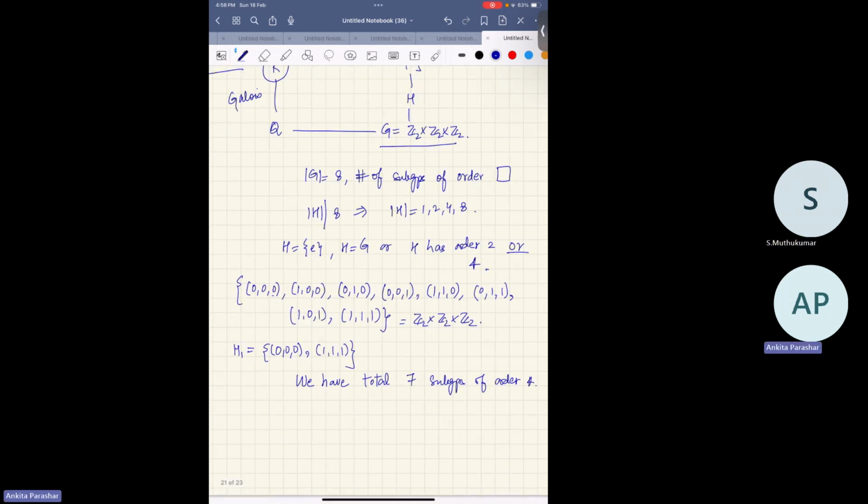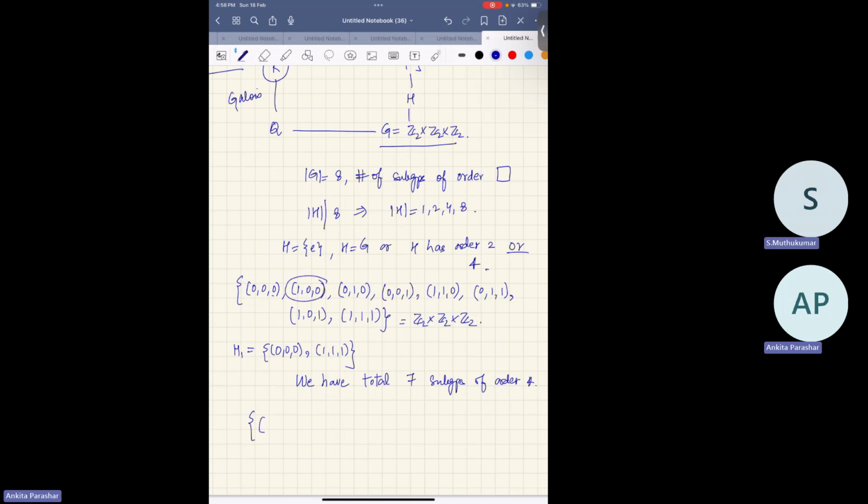Well, it's a little bit tricky to see what the subgroups of order 4 are. If you can see that also, it will be good. So how many subgroups of order 4 are there? The sum of two elements of a group will also be in the group.